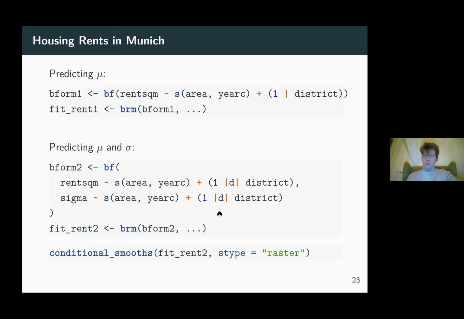So in that model, we would have group level standard deviations or variances of the districts through those varying intercept terms, but that would be something else than the residual standard deviation sigma, which is a parameter of the likelihood. So a normal likelihood not only has a mean parameter, but also a standard deviation parameter, and sigma is that standard deviation parameter of the normal likelihood.